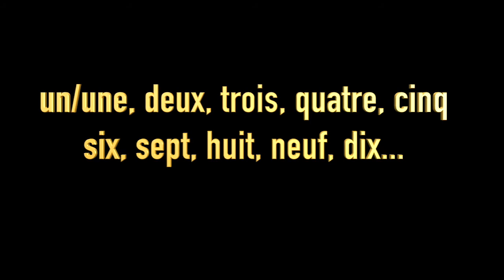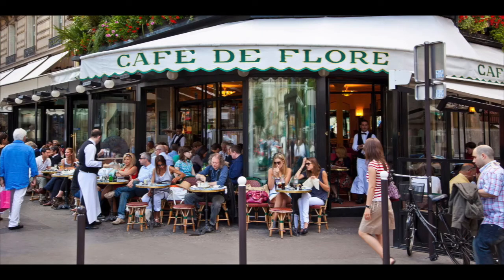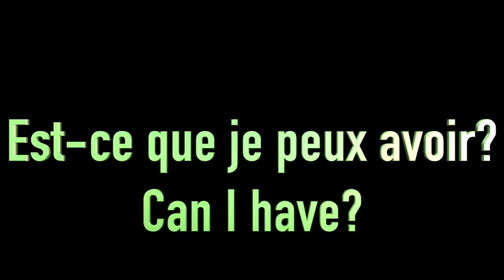Just as with the indefinite article un or une, if we put numbers in front, then we can ask for numerical quantities of things. This is really important when we're in shops or cafes. We might say je voudrais or avez-vous or est-ce que je peux avoir, and then ask for something. So we're going to try a few of those sentences now.